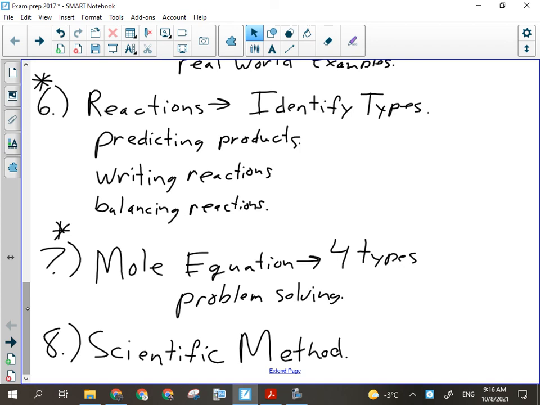Question number 2 is 4 reactions that must be identified, predicted, and balanced. They are 4 marks each.